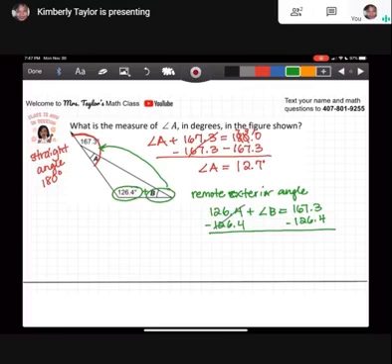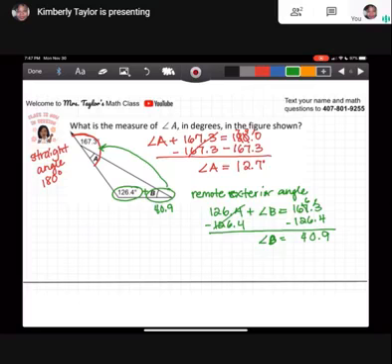This will be a little bit longer as far as work, but it's just another way you could do the problem. So this is going to be, what is that, 9, 0, and 4. So angle B would be 40.9, okay?